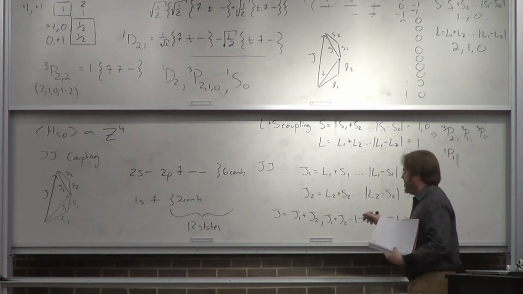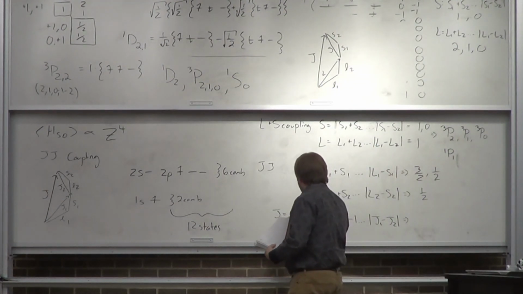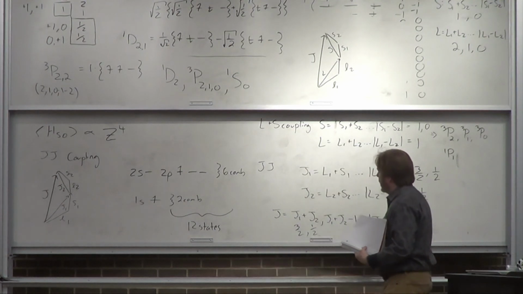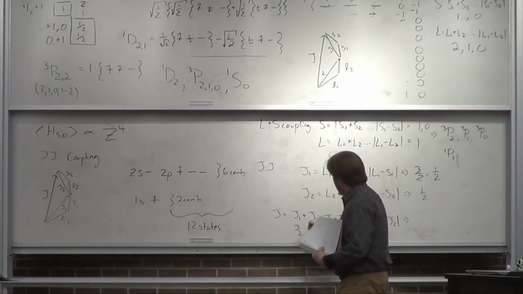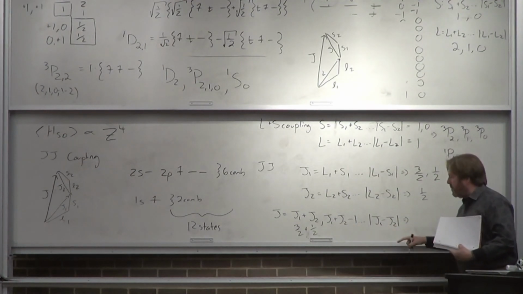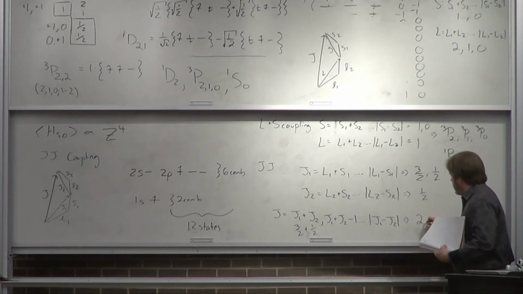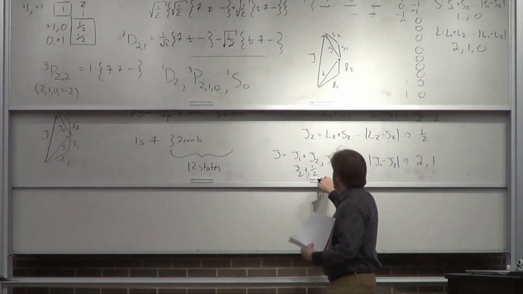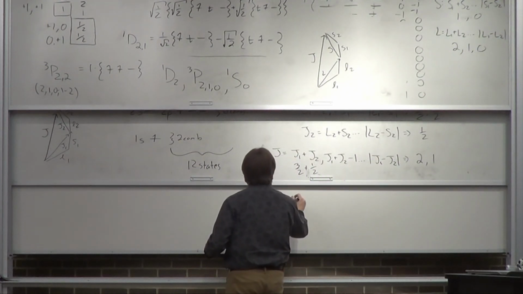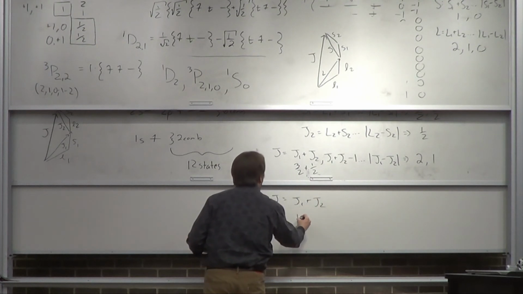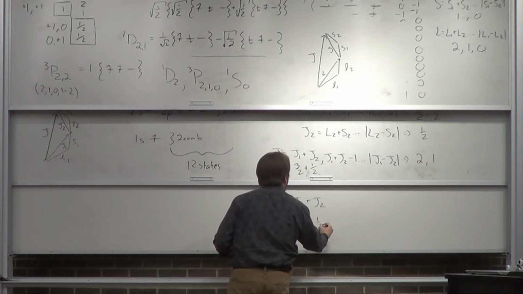Let's say that J1 is 3 halves and J2 is 1 half. Plus, right? So that's 2. The 3 halves minus a half is 1. So 2, 1. So the final J is 2 or 1. Now, I've got J1 plus J2, where I've got 1 half and 1 half.